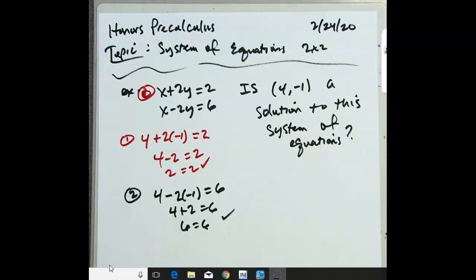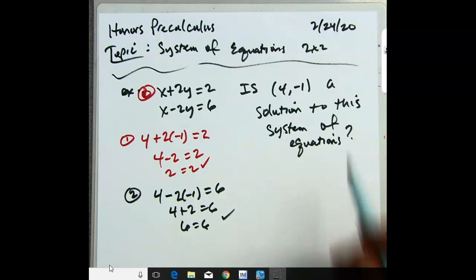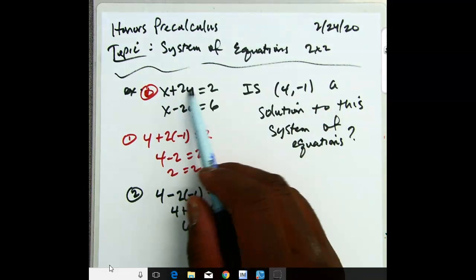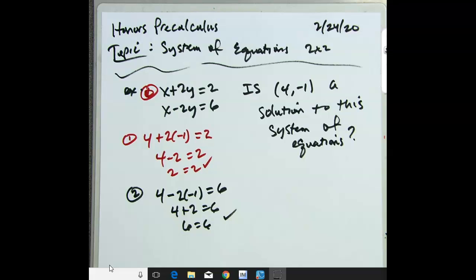So 4, negative 1 is a solution to the system of equations. In order for it to be a solution, it has to be true for both. Or in later problems, all 3 or all 4. Because we're going to quickly expand this system of equations 2 by 2, 2 equations, 2 unknowns, into a 3 by 3, 3 equations, 3 unknowns, etc.